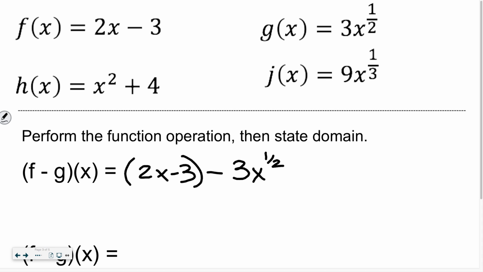Anything you can do to simplify? Rearrange, maybe, but nothing is a like term, right? So you can leave it as such. If you want to rearrange it, like maybe have all your x terms first, I could write it like this, but then I'm done.